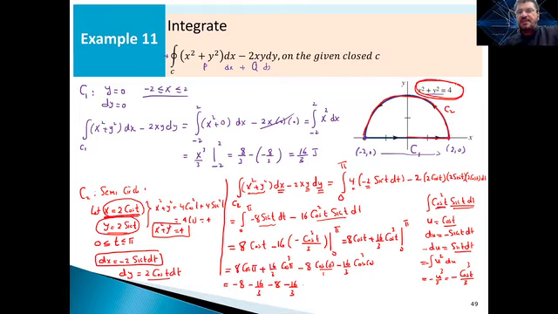Minus 8 and minus 8 is minus 16. And minus this and minus this is minus 32 over 3. 3 times 16 is 48. So negative 48 minus 32 over 3, together is minus 80 over 3 joules.